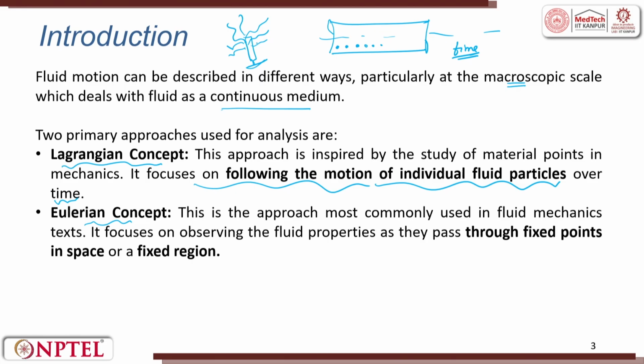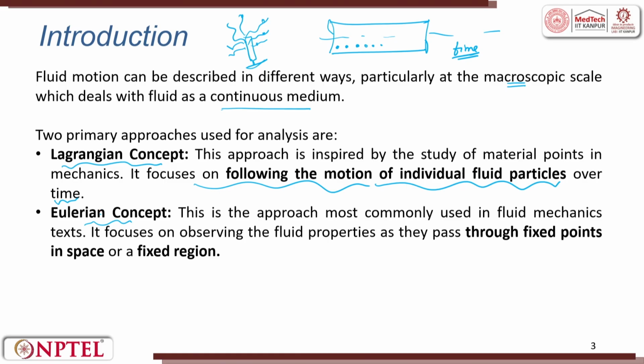Assuming there are particles mixed in it, you can see what is happening to the movement of the particles over a period of time. By doing so, you can figure out after a certain period of time where these particles get trapped or get dispersed in air. So that is done by the Lagrangian concept.